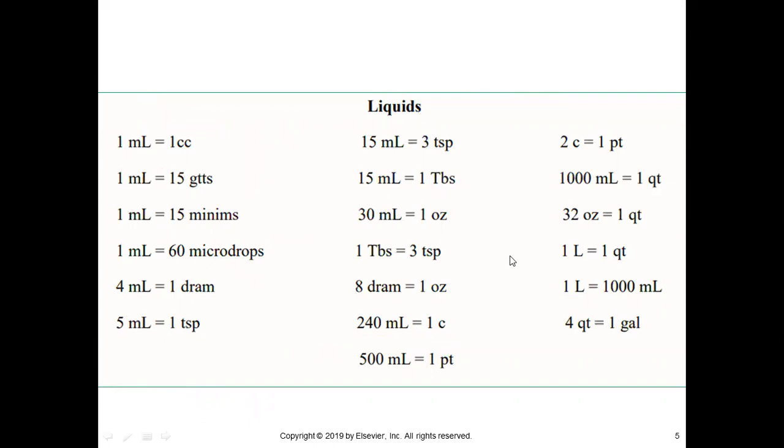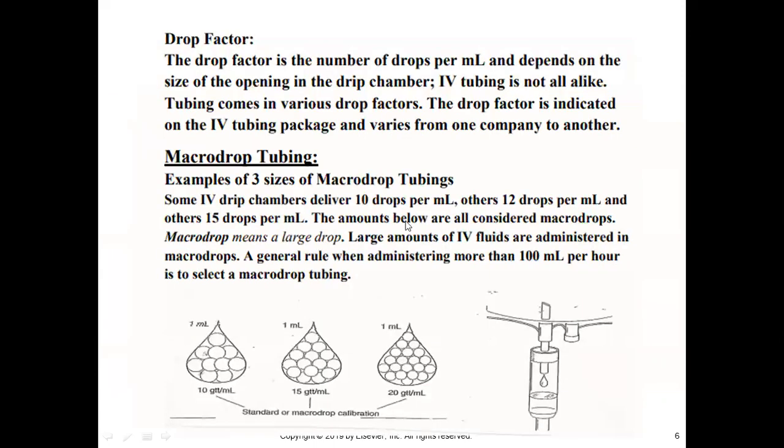So what next? Here showing the drop factor, micro drops and macro drops. So you see the picture here, right? These are 1 drops, and here bigger drops, and these are small and smallest.